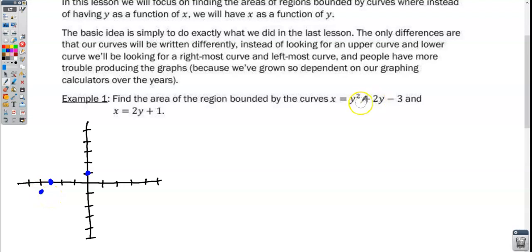When y is -2, x is -3. There's my parabola, and I can see the parabola forming. And there we go, there's the graph of x equals y squared plus 2y minus 3.